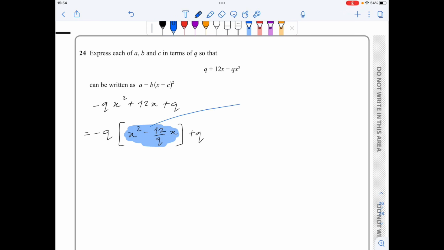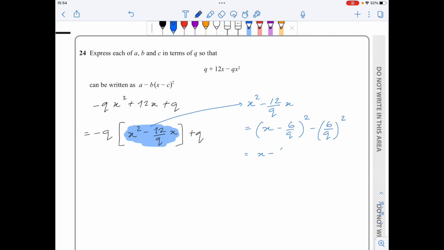Next, I'll proceed to complete the square for this expression here. So let's come to the side, rewrite the expression x squared minus 12 over q x. Now this is equal to x minus half the coefficient of x, and half of minus 12 over q is 6 over q, squared, and then minus 6 over q again squared.